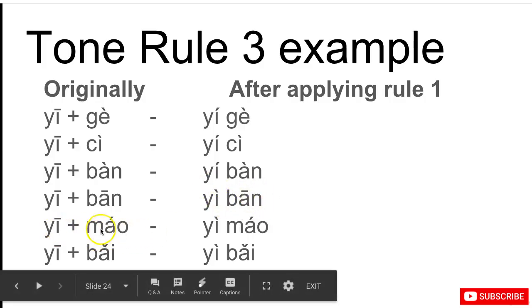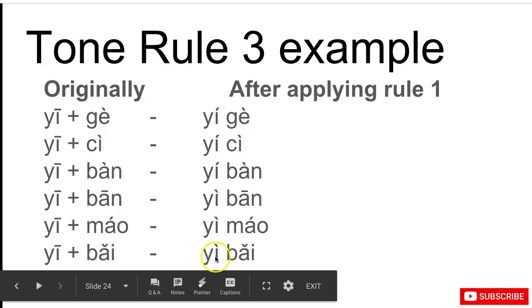And the next one becomes yi mao, yi mao.